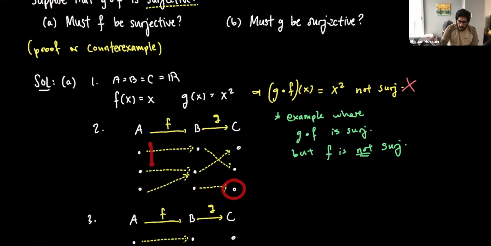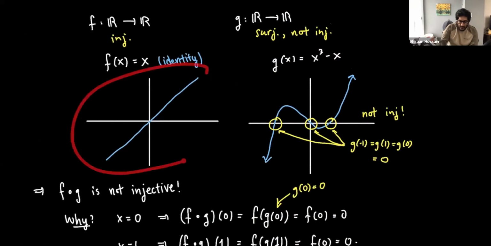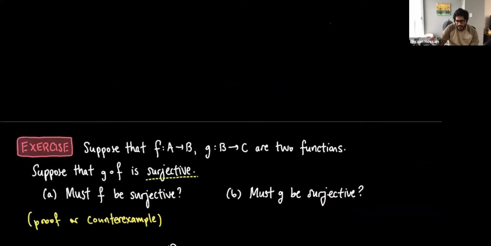There's no point in the first set that ever travels to this third point in the third set. The example we did in the previous question won't work, because in that example, f was a bijection. And we're trying to find an example where f isn't even surjective. So f certainly can't be a bijection, right? This function is surjective, so this example is not going to work.